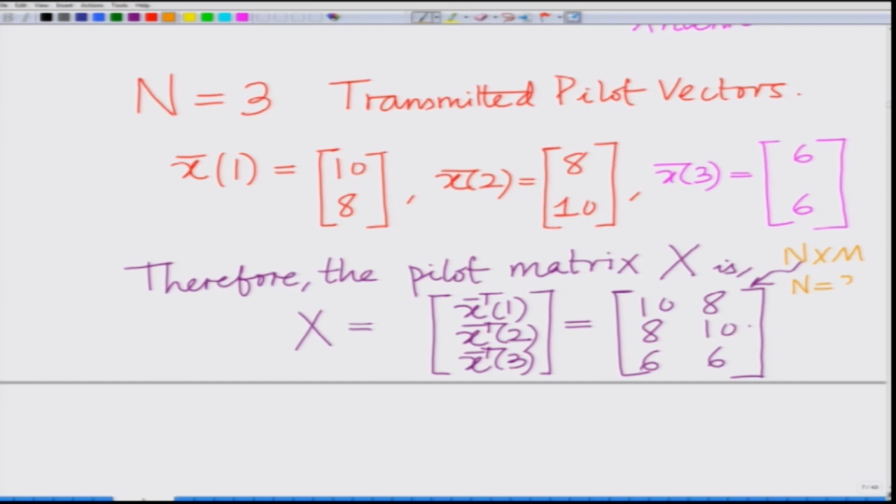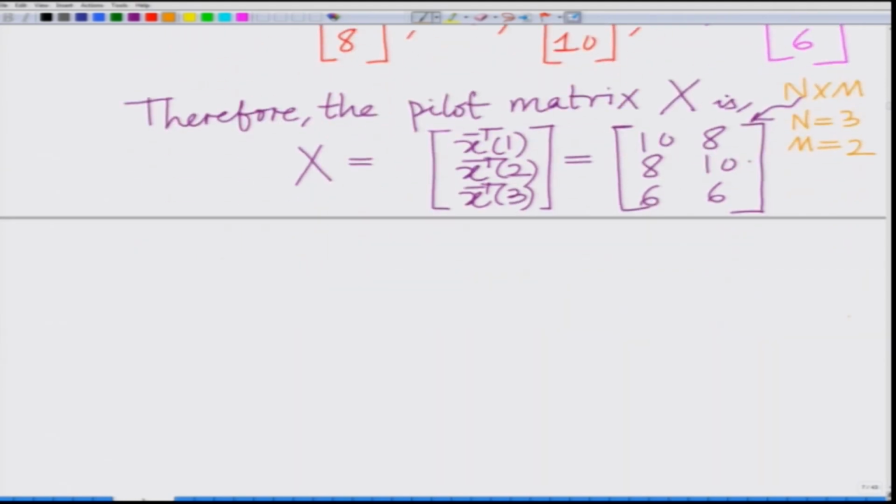N is equal to 3, M is equal to 2. So, the pilot matrix X, denoted by capital X, is a matrix of size 3 cross 2.